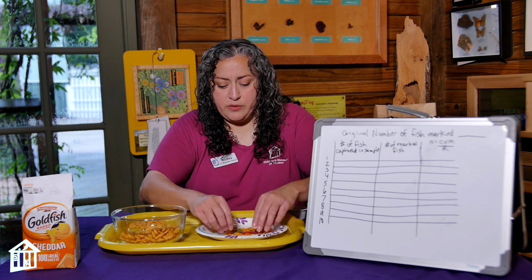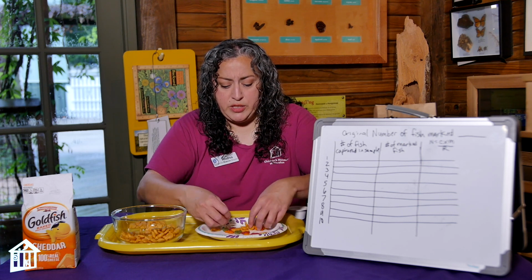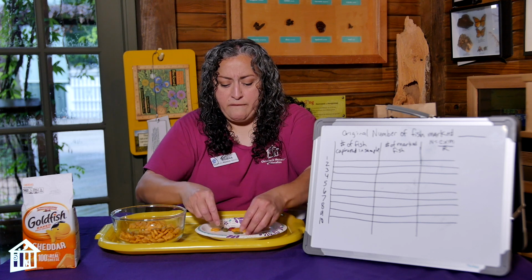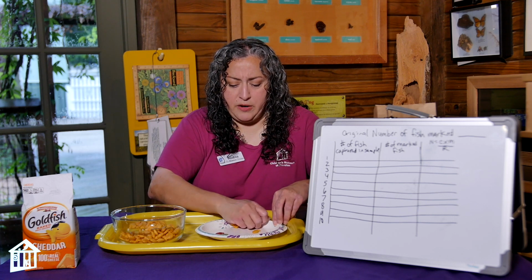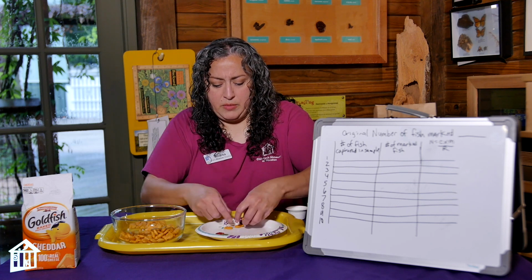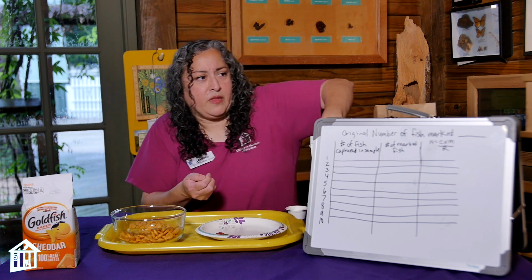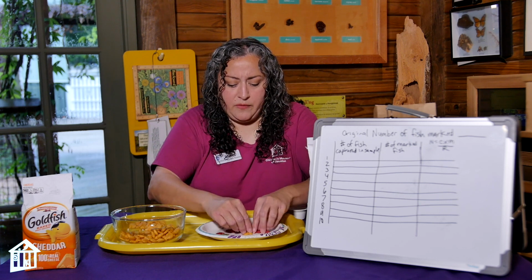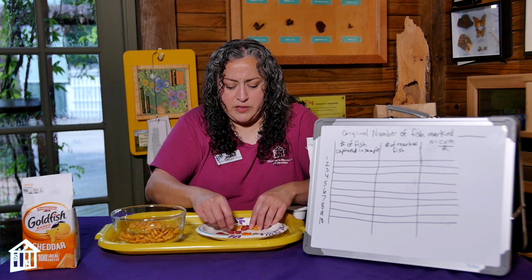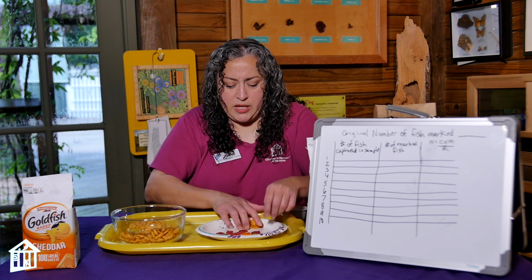So I'm going to count out 20 colored fish. I have 5, 6, 7, 8, 9, 10. I have 10 right there. I'm going to get a couple more. Another bunch. And we have 3, 5, 6, 7, 8, 9, 10.